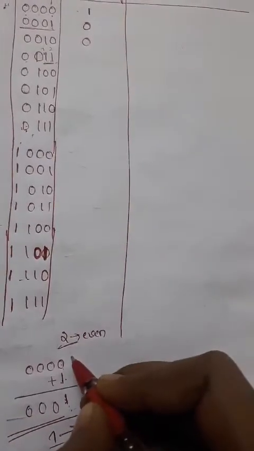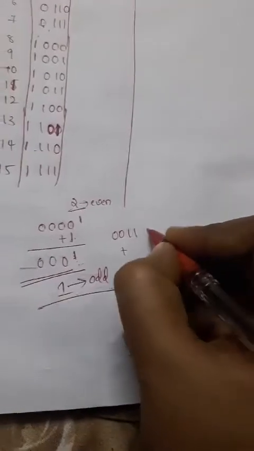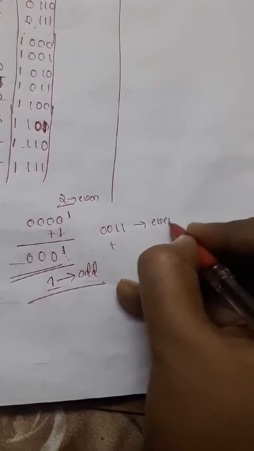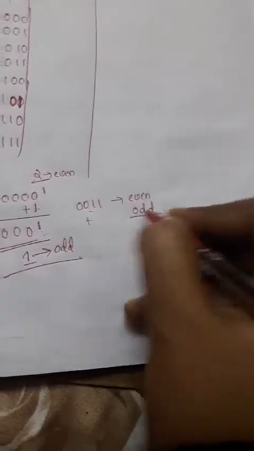So to make this number odd parity, what we need to do is add 1 for this number. 0011 is an even number actually, but we need to convert this to odd. So for that purpose we need to add 1, right?